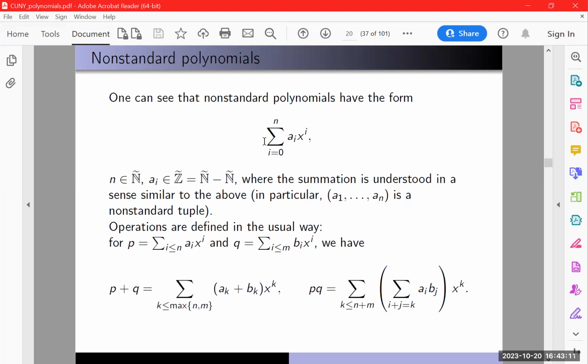Again, summation is in the sense that I explained before. If you understand this formula in that sense, then this non-standard sum corresponds to the tuple a0, a1, and so on. So we have basically explained that the elements of our mystery set just look like usual polynomials, only instead of finite summation, it's non-standard summation. And then operations can also be easily defined in terms of these summations, exactly by the same formulas that you're used to, just viewed as non-standard summation instead of finite summation.